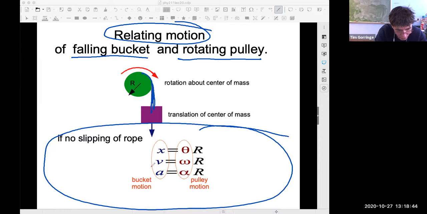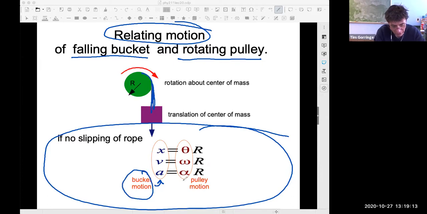Over here on the left-hand side, these would be the coordinates describing the motion of the bucket. So its vertical position, its vertical velocity, its acceleration in the vertical direction. These are all the quantities that describe the translational motion of the bucket.